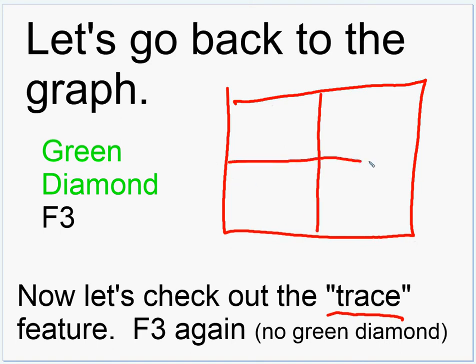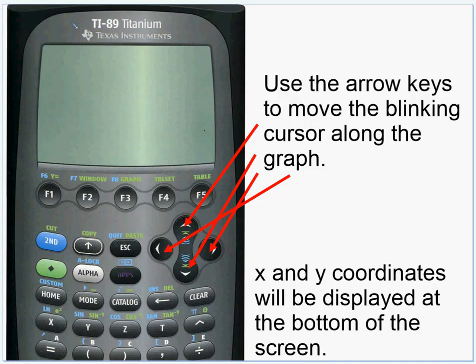Here's my x and y axis, and I have my parabola opening up. As soon as I hit my trace key, I get a little blinking cursor. Mine is just off the y-axis right about here, and it's slowly blinking. Now we can move that around using these arrow keys, moving that blinking cursor along the graph.